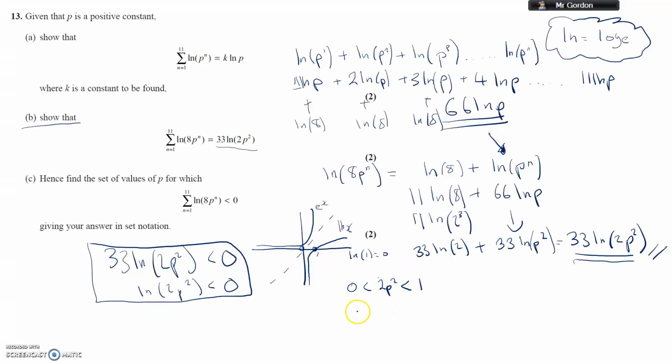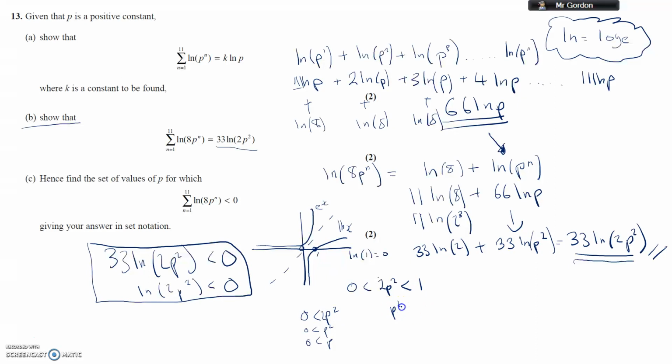Let's do it separately. So we know that 2p squared is greater than 0, divide by 2, p squared is greater than 0, square root, so we know that p is greater than 0. One solution, p is greater than 0. Other side, let's check this out.